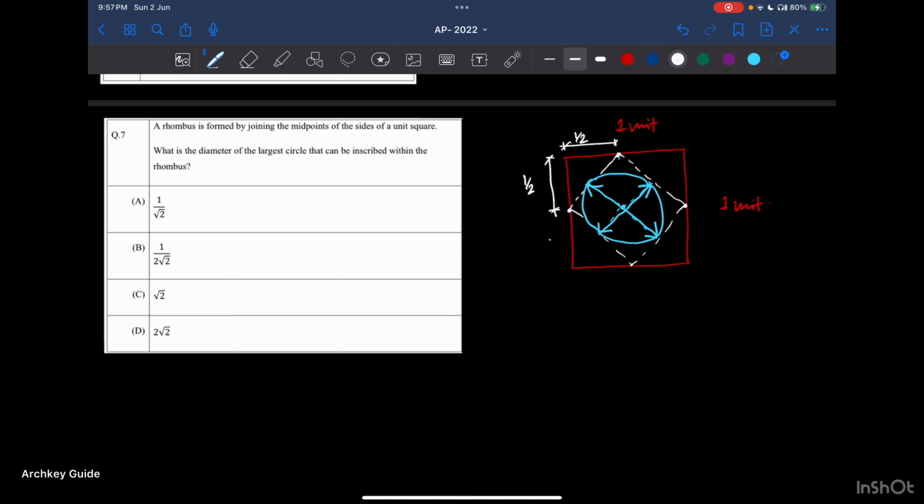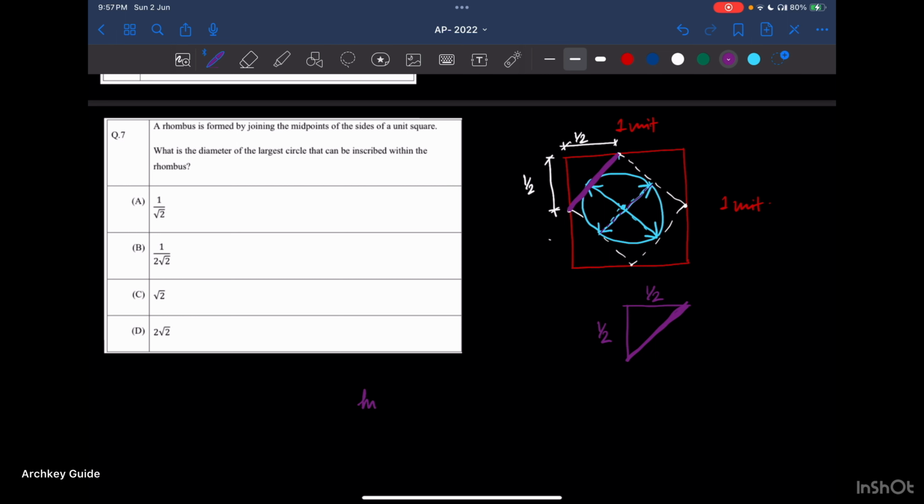If I'm able to find out the side of the rhombus, as in this side, it's also the same as my diameter, isn't it? So this is half unit, this is half unit, and this is the hypotenuse. So I can use my Pythagoras theorem here, isn't it?